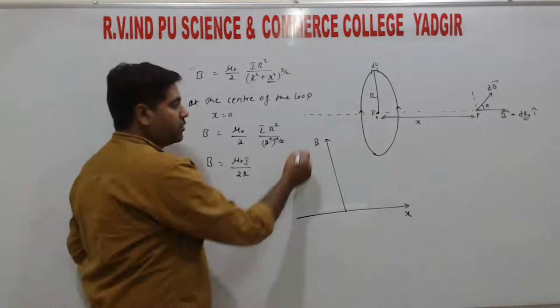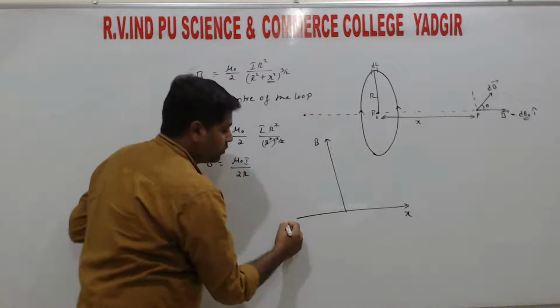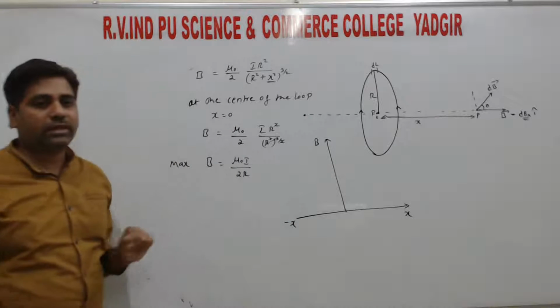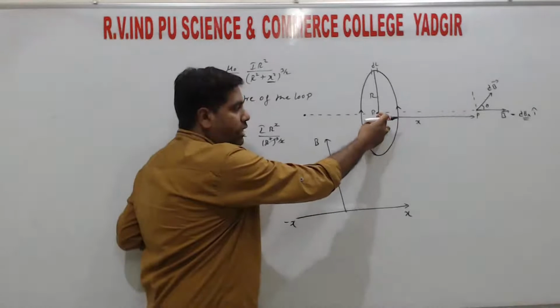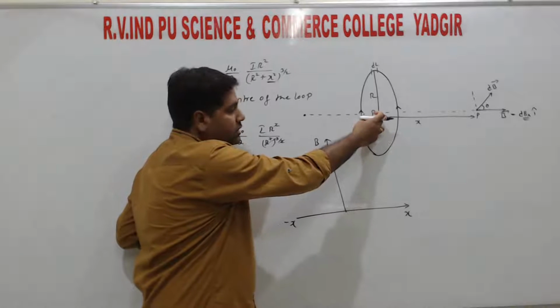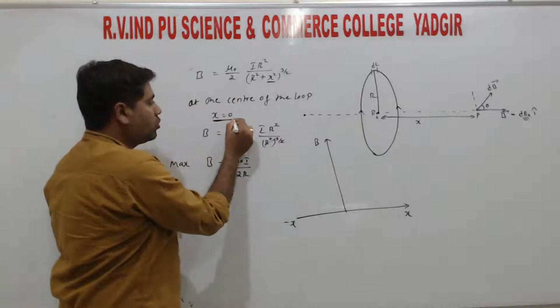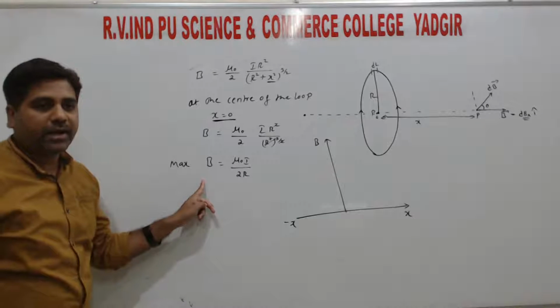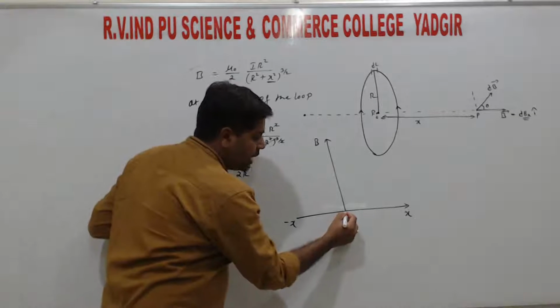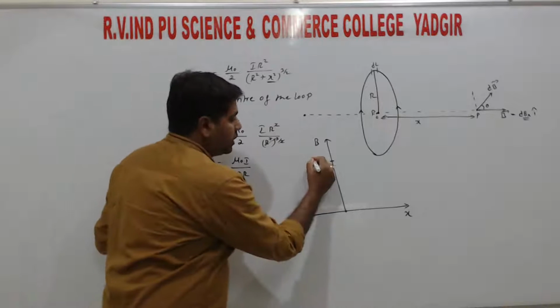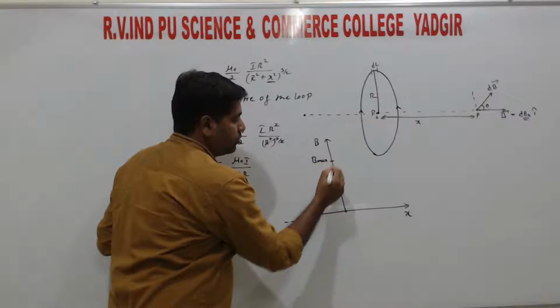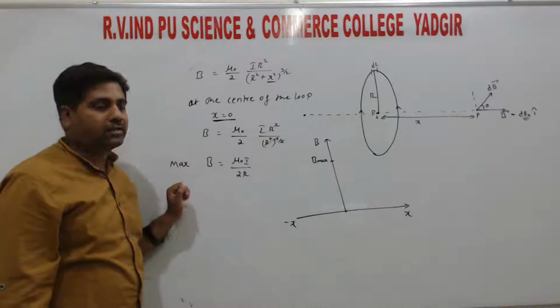The maximum is at the center, when x is equal to 0. That is B maximum.